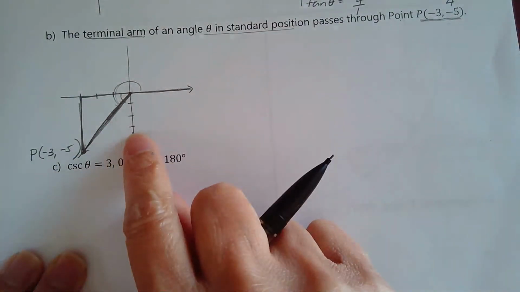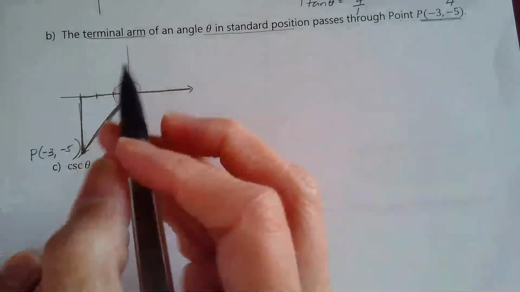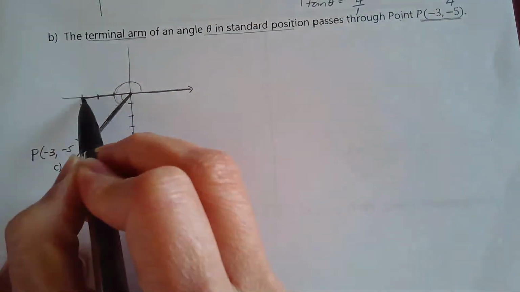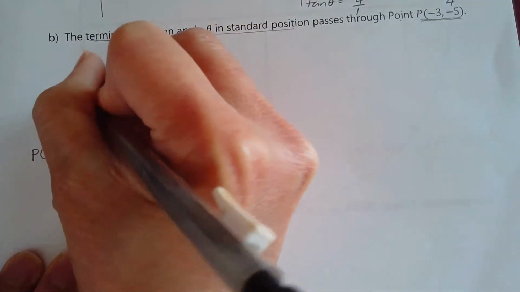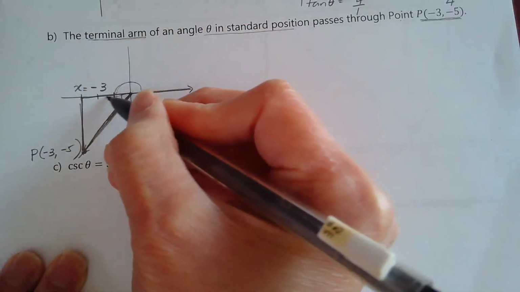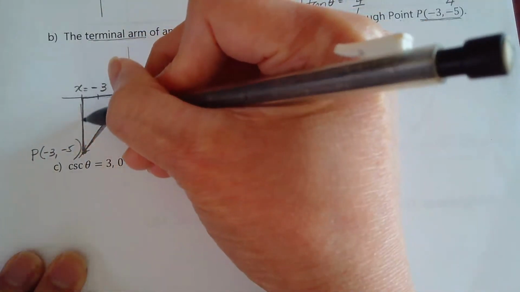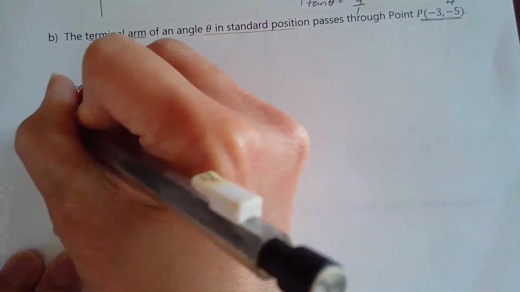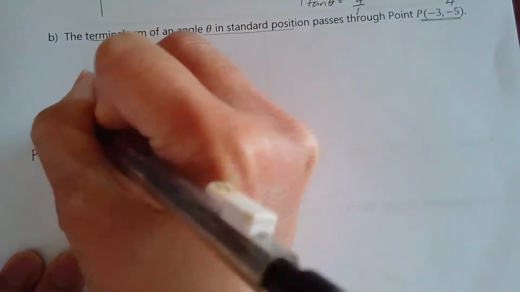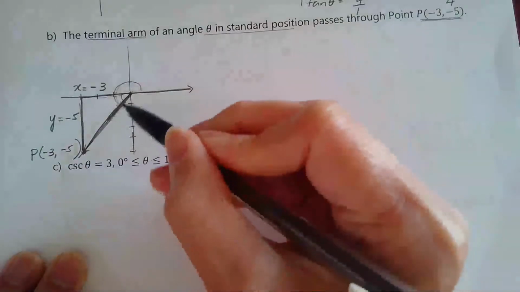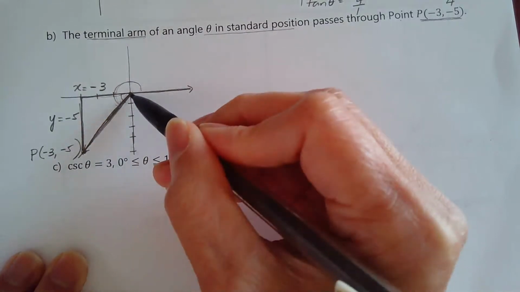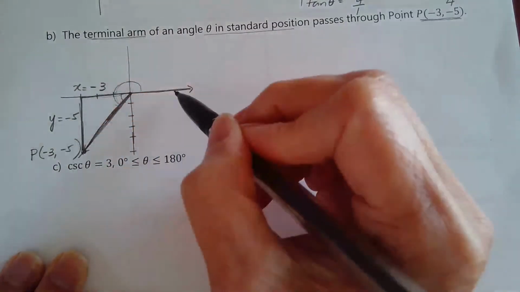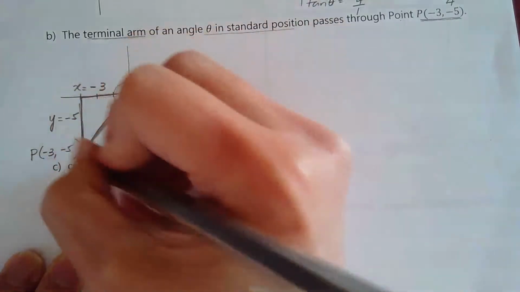So again, what does that mean? We went here, negative 3 on the x. Now let's put here, negative 3 on the x. And then on the y is negative 5. Again, we're missing this line over here, which is the radius of this circle, if you trace it out this way.